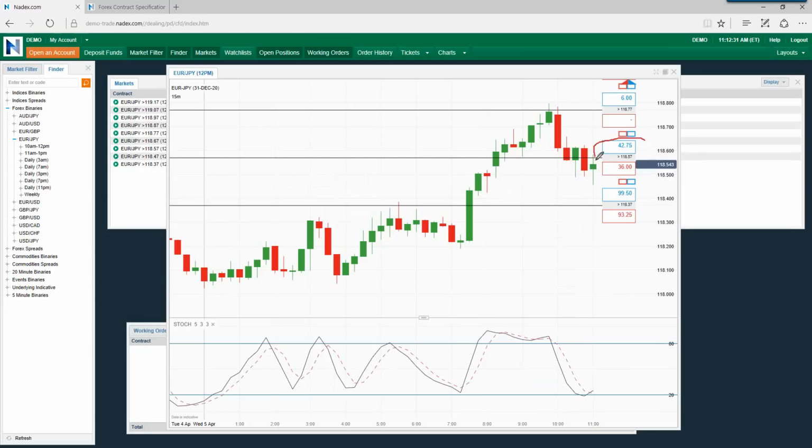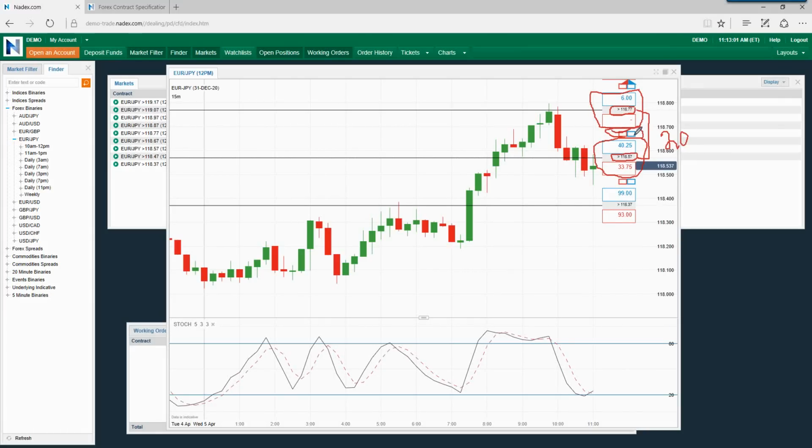I'm going to use my pen so you'll actually see this. So we have one strike here, and we have one strike here, okay? This price is 118.57. This one is 118.77, okay? Notice that the difference between this strike and this strike is 20 pips. This is why you see this little red and blue box here.